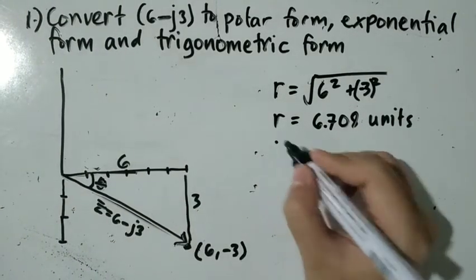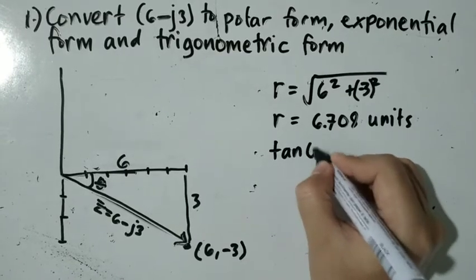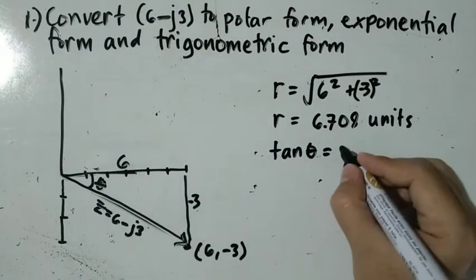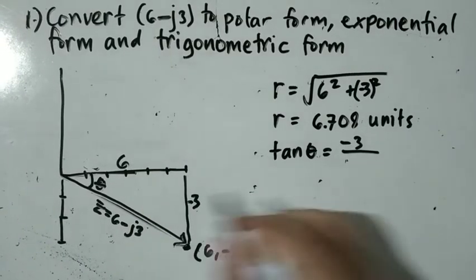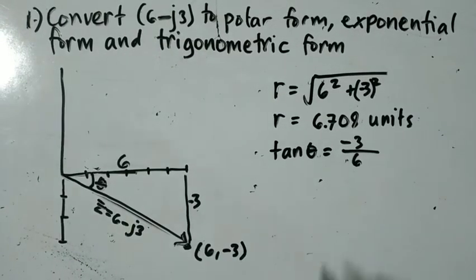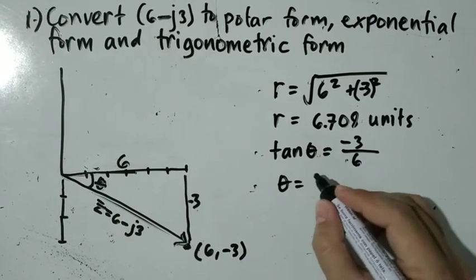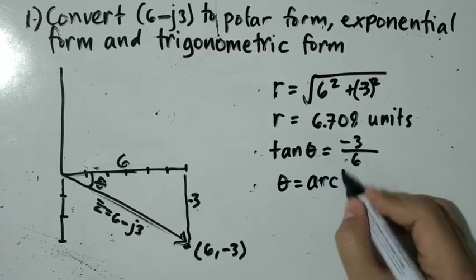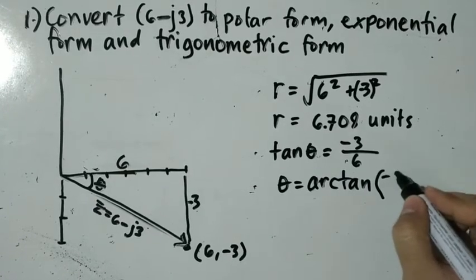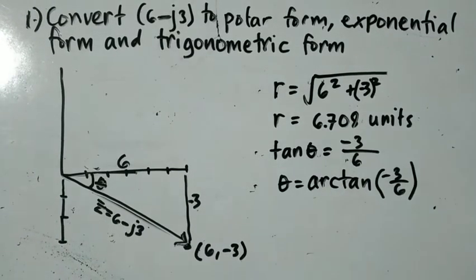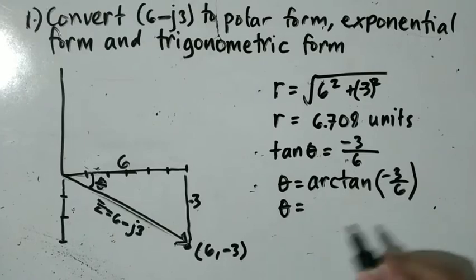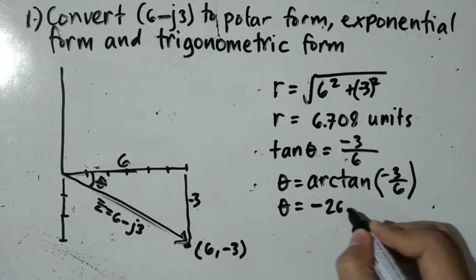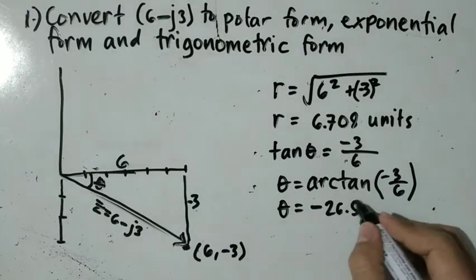And then our theta, that is tangent theta, is equal to opposite, which is negative 3 over adjacent, which is positive 6. And so theta is equal to arctangent of negative 3 over 6. And arctangent of negative 3 over 6 is equal to negative 26.57 degrees.